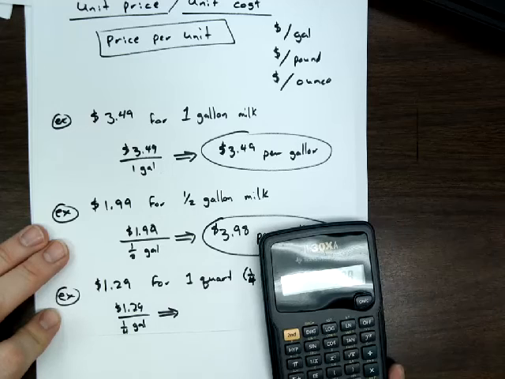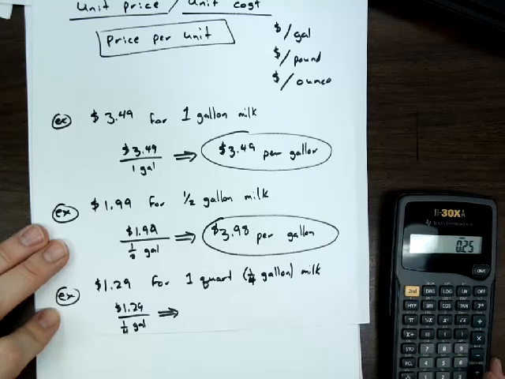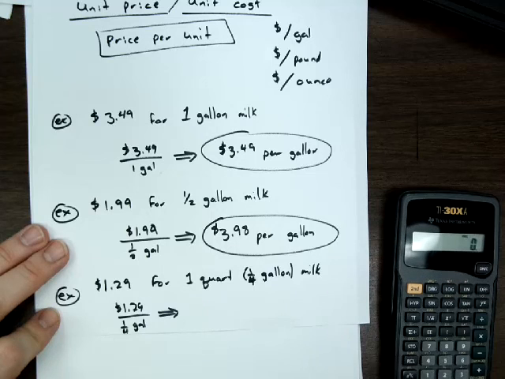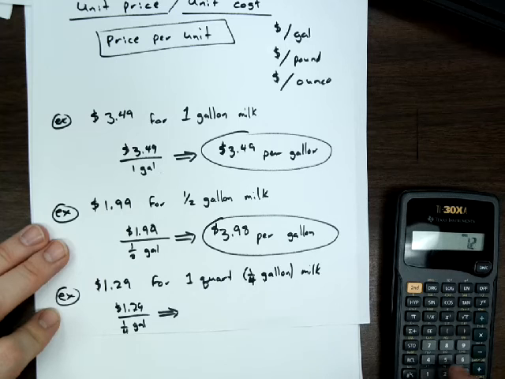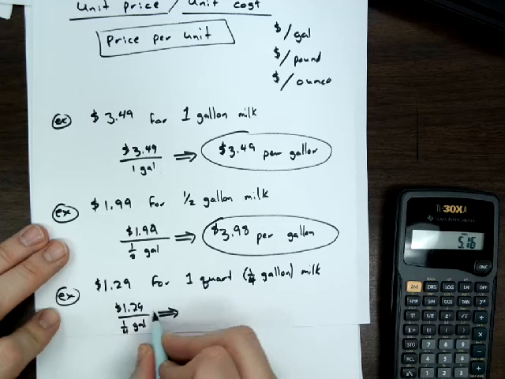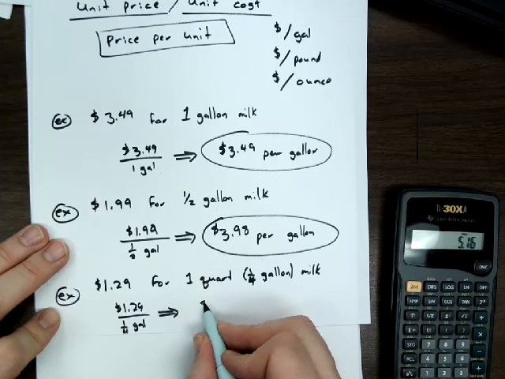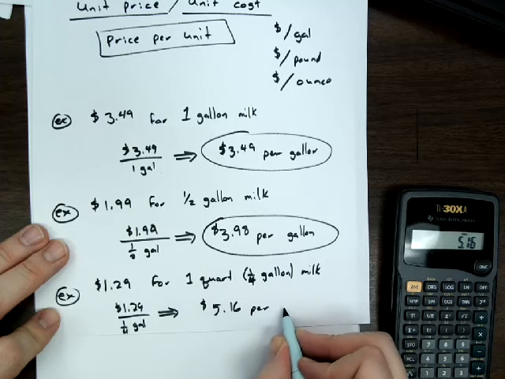And by the way, 1/4 is 0.25. So let's take this 1.29 and divide that by 0.25 and see what happens. It turns out that if I buy this by the quart, I would end up paying $5.16 per gallon.